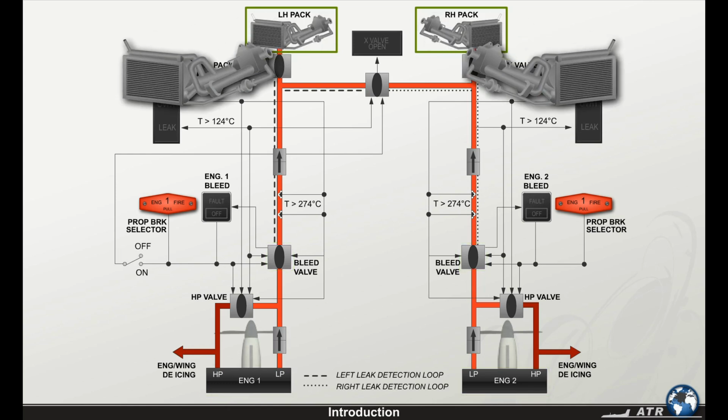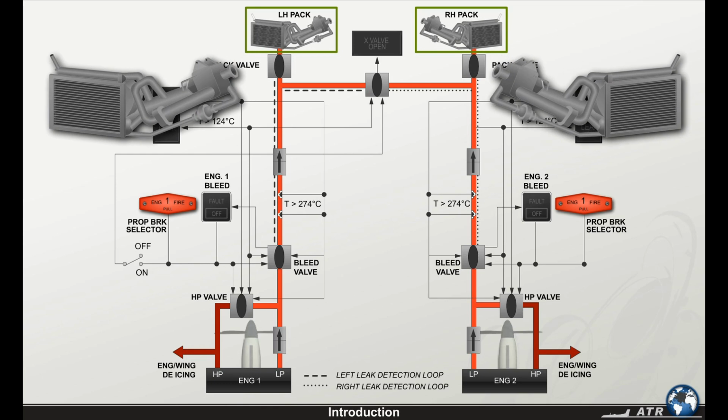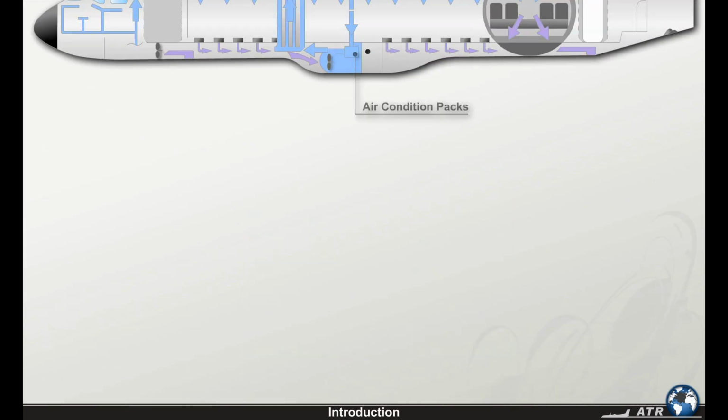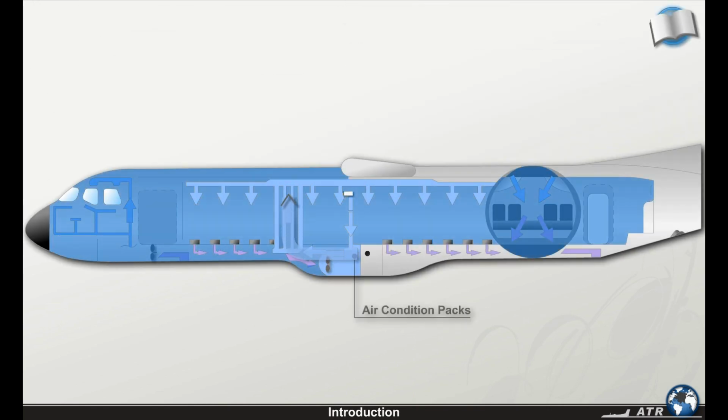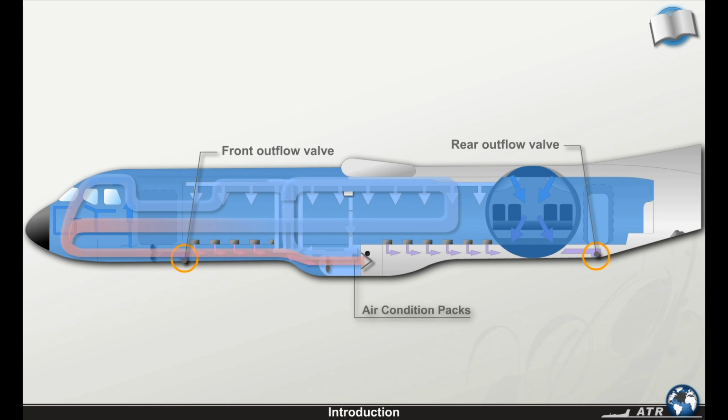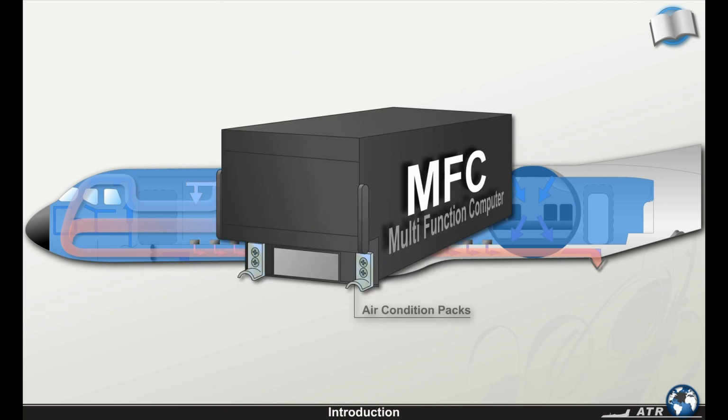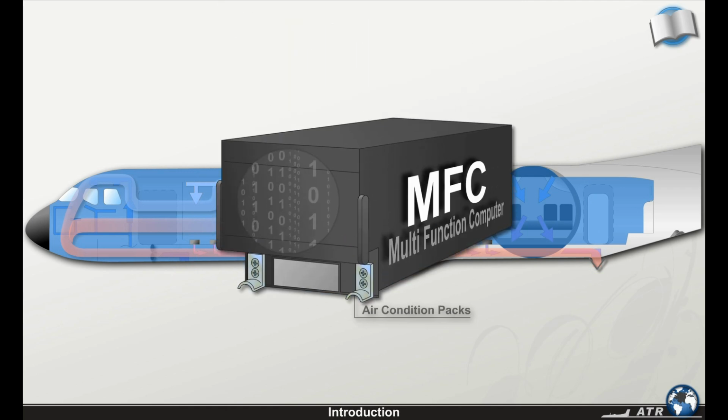Its temperature is controlled by the packs, and then it's distributed to the pressurized zones. Finally, it's discharged outboard through two outflow valves and partly recirculated. The MFC monitors the system and alerts the crew in case of a system malfunction.